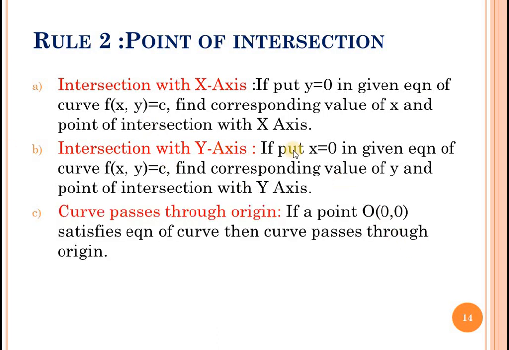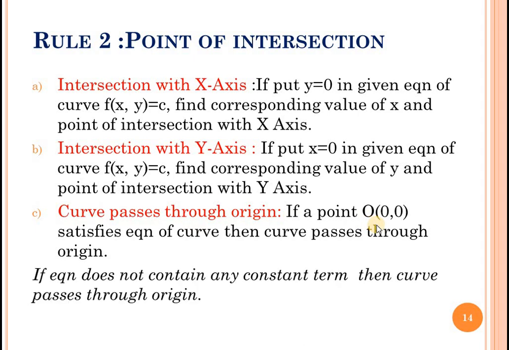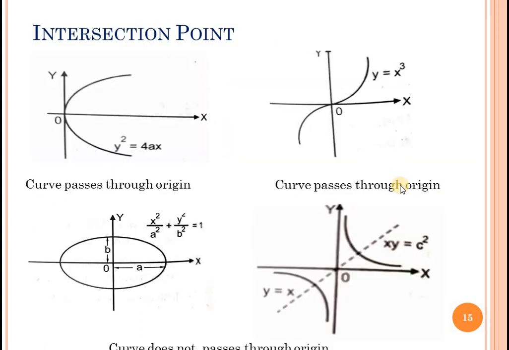And if 0, 0 satisfies the equation of the curve, then we say the curve passes through the origin. That is, if the equation does not contain any constant term, then the curve passes through the origin. Otherwise, the curve does not pass through it. Only then does 0, 0 satisfy.